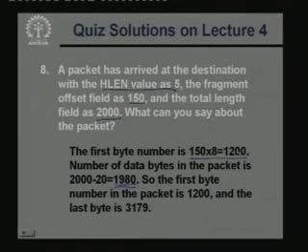Now, since the first byte number is 1200, the first byte in the packet corresponds to 1200, the last byte corresponds to 1200 plus 1979 which is 3179. So, with respect to the original packet, the present fragment's beginning byte position will be 1200, the last byte position will be 3179. Okay, this is what we can say.